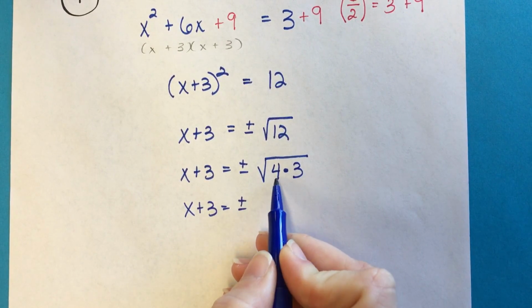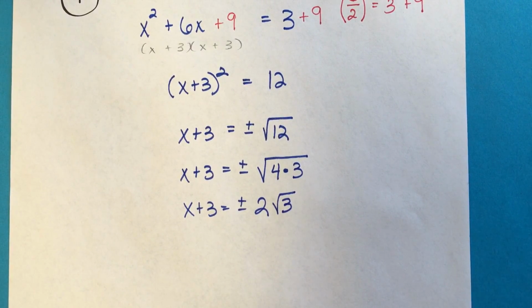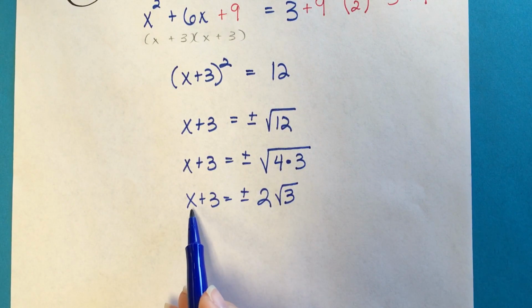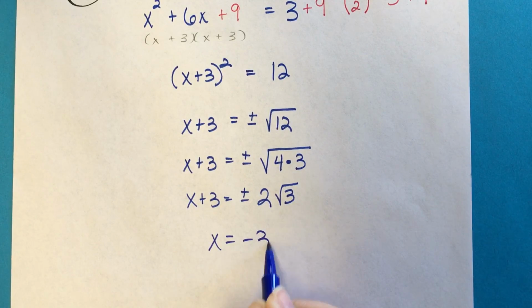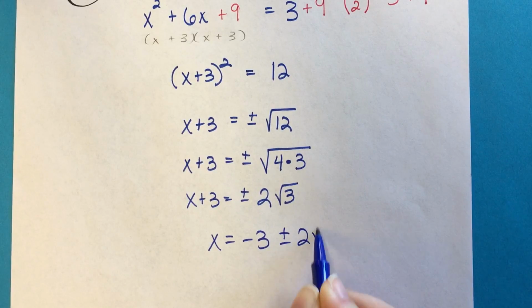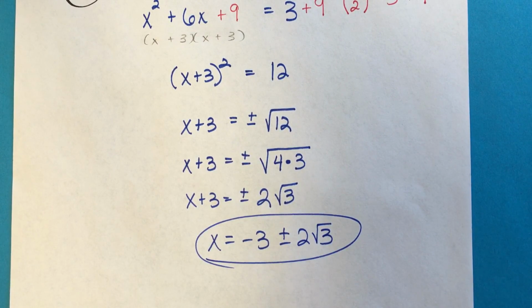So square root of 4 will give me 2. The 3 is left underneath. And last step, to get x by itself, you subtract your 3. There's your answer.